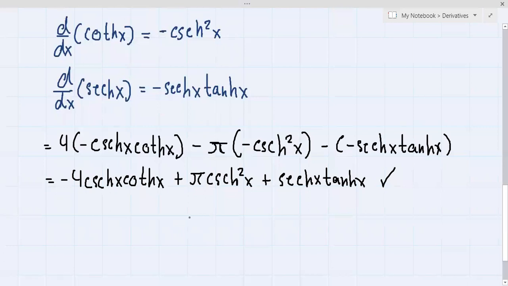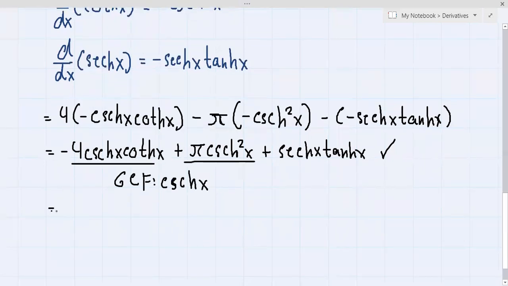But we can still simplify. The first two terms have a greatest common factor of cosecant hx, so we can factor it out.